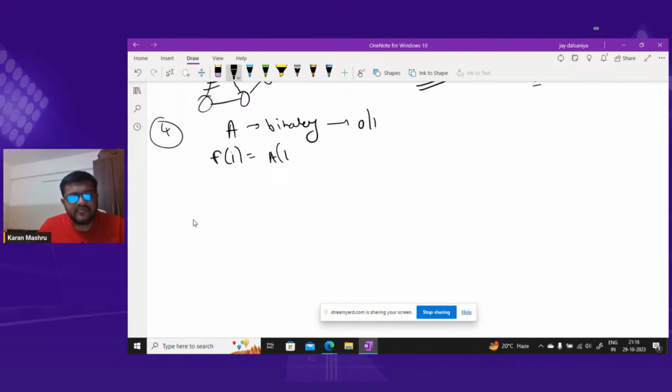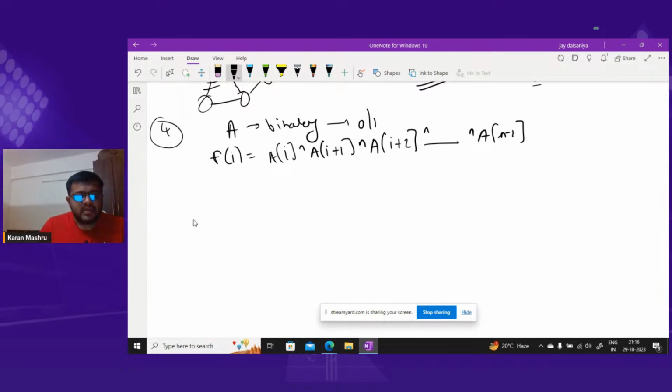So f of I will be a of I XOR a of I plus 1 XOR a of I plus 2 XOR up till a of n minus 1. Okay, so let's say the array size is 6, so f of 2 will be a of 2 XOR a of 3 XOR a of 4 XOR a of 5.